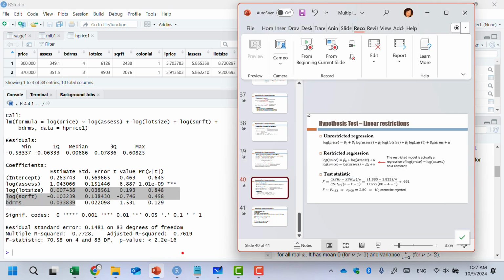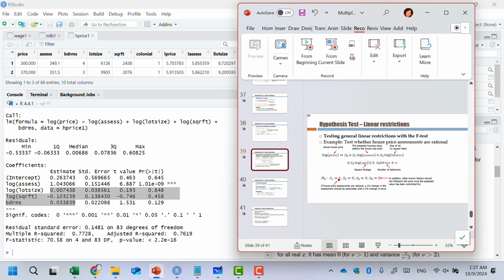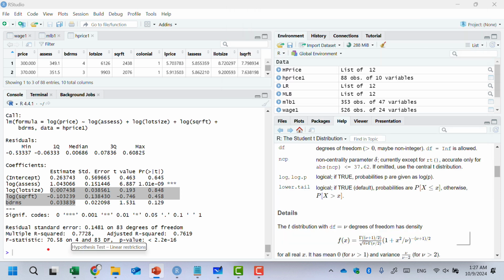The null hypothesis is beta 1 is 0 and all other things 0. So what we can do is create a null hypothesis, H0, and say beta 1 is 1. So what is beta 1? Log assess.